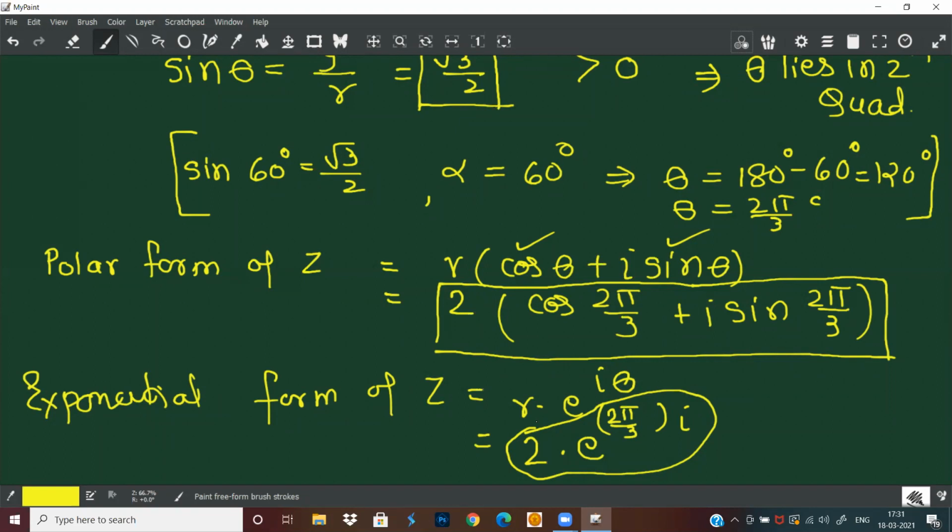You know what we'll do now? Next time we'll do more sums on this so that you'll be more clear. And then we will do the last part, that is complex cube roots of unity. We will solve more sums in which they will ask you polar form, exponential form, or they will have given exponential and polar.